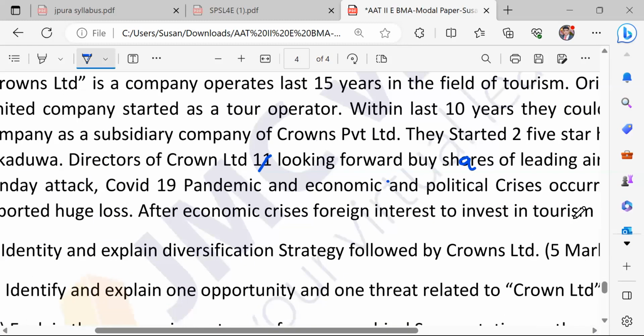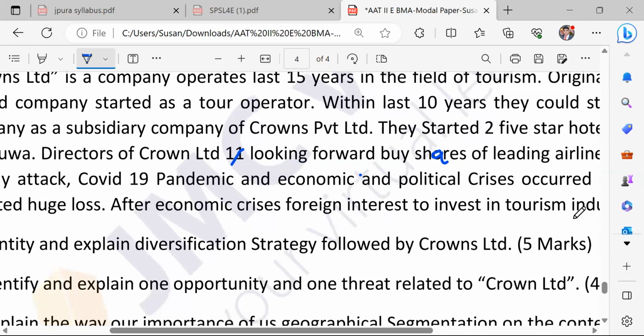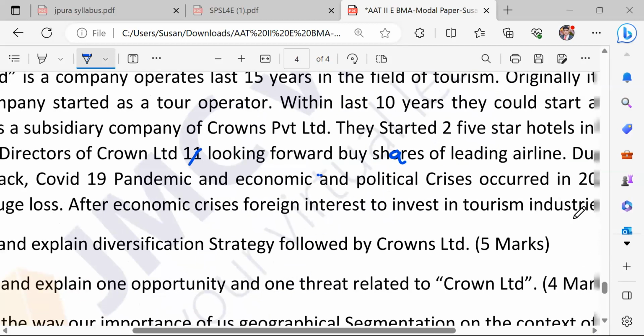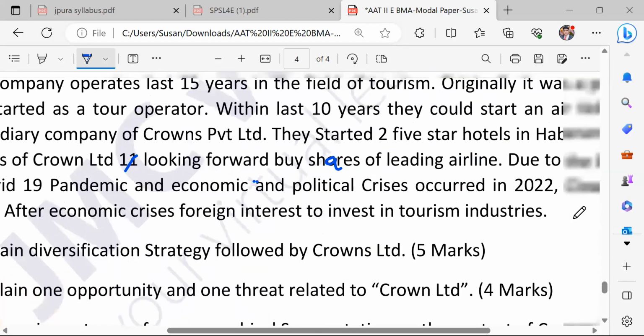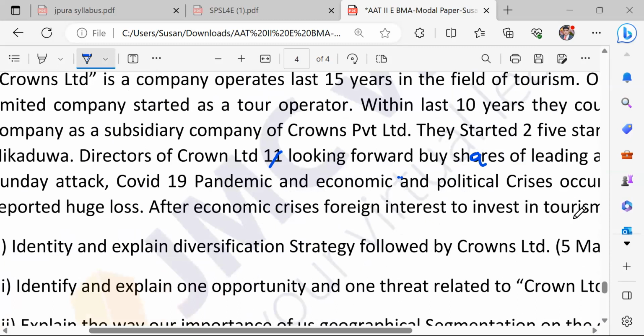The economic crisis was also the same, and COVID-19 also the same. Crowns Limited reported a huge loss after the economic crisis.